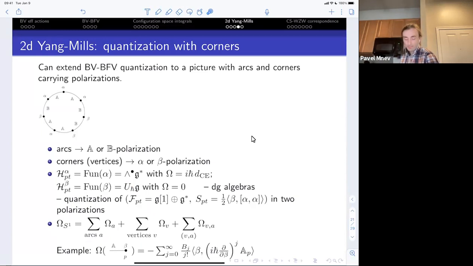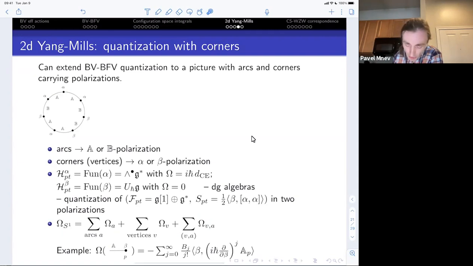And so, for instance, I can disassemble a boundary circle into corners and arcs, and then the space of states there will be a tensor product of arc spaces, which are bimodules over corner spaces, which are algebras. And the differential for this circle is assembled out of pieces.